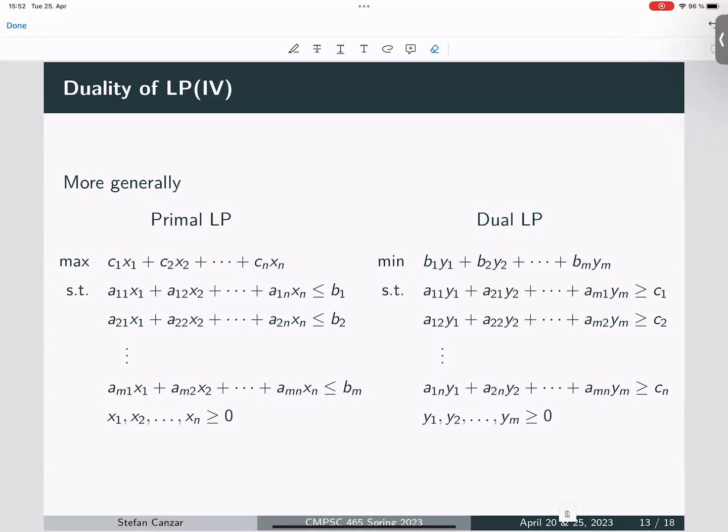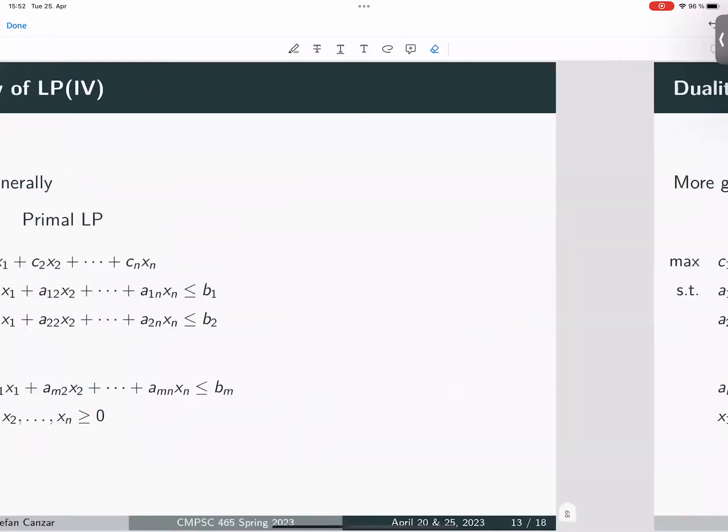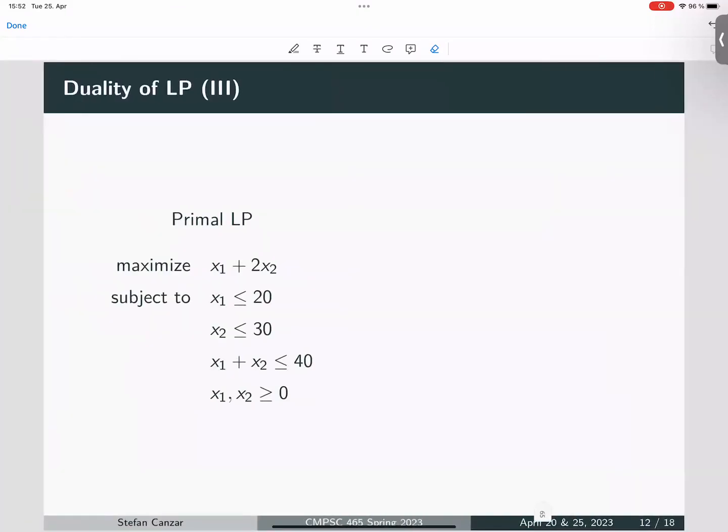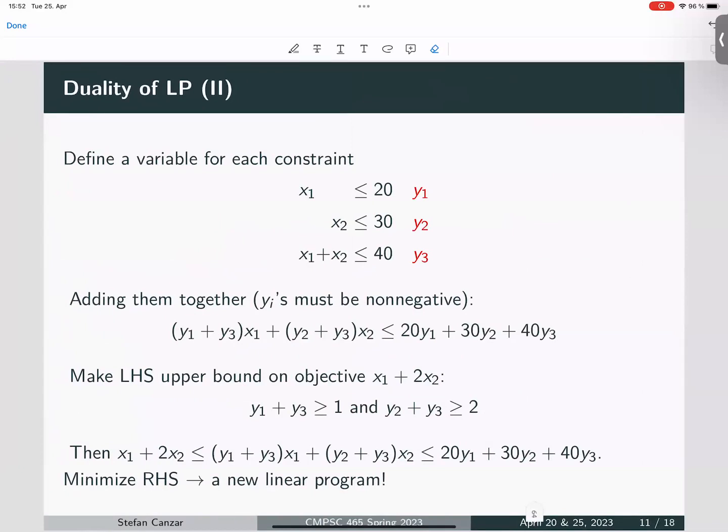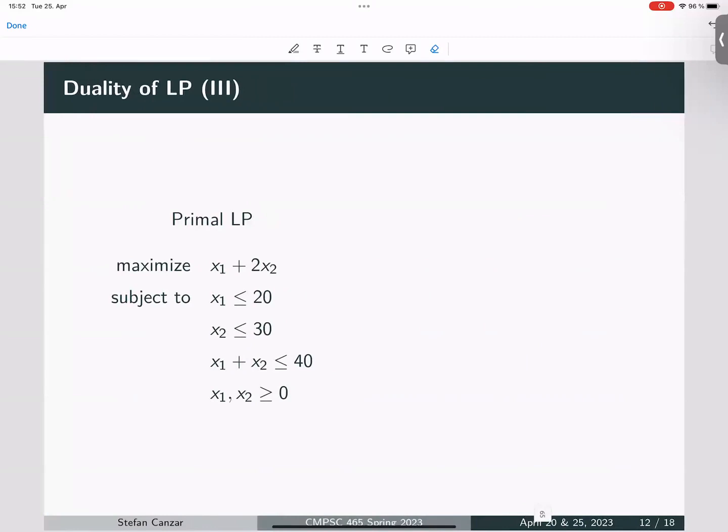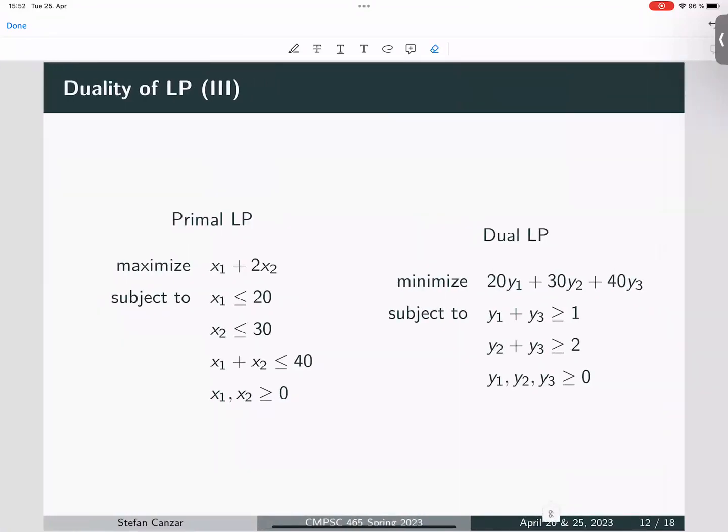So this is really exactly doing this here, where we have these dual variables. We introduce one variable per constraint, and we introduce one constraint for every variable, x1 and x2 in this case. And we have an objective that is really just obtained by taking the right-hand side of our linear program.